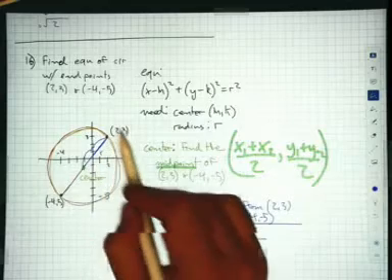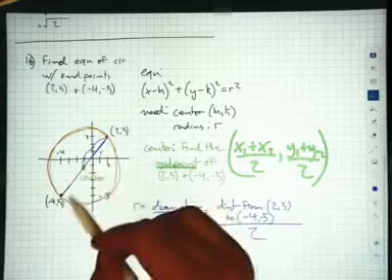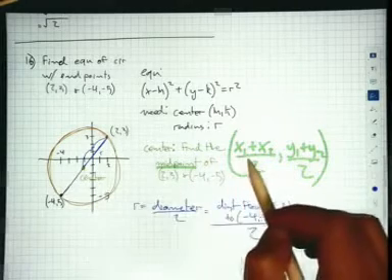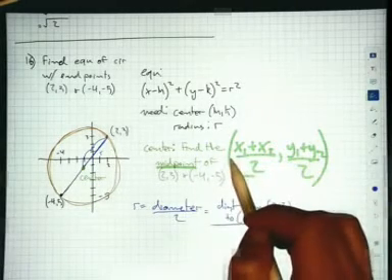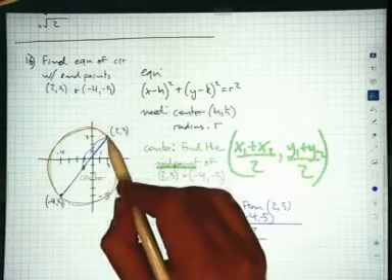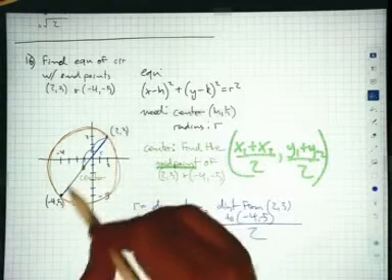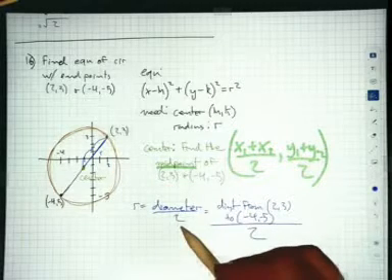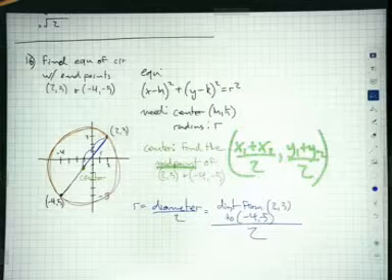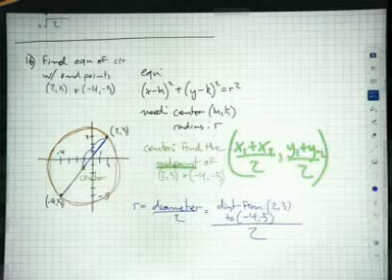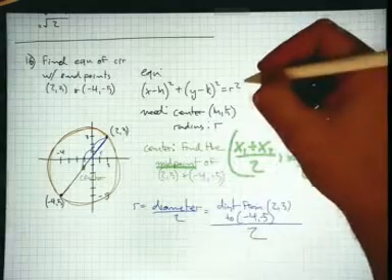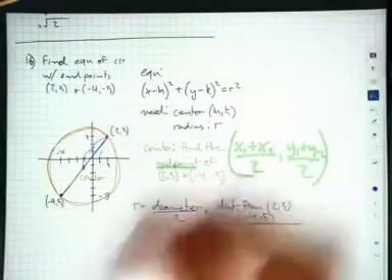If I'm given 2 points that form the diameter, the midpoint of those 2 points is going to be my center. And then I could use my distance formula, find the distance between these 2 points, divide that by 2, and that will tell me the length of my radius. And then it's just a matter of plugging everything back into this equation.